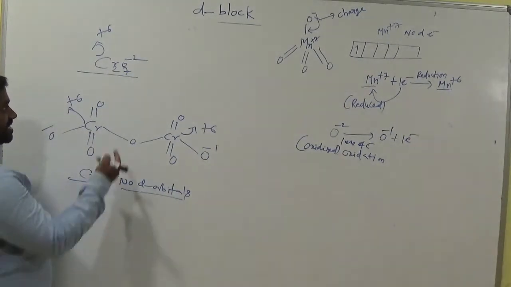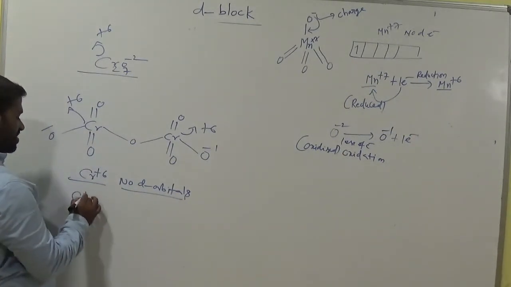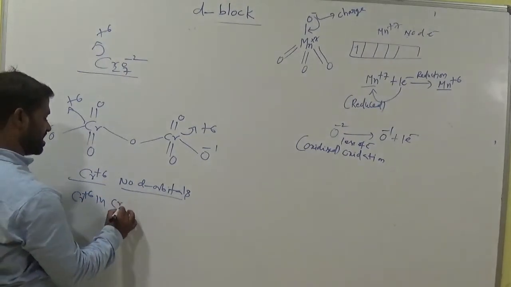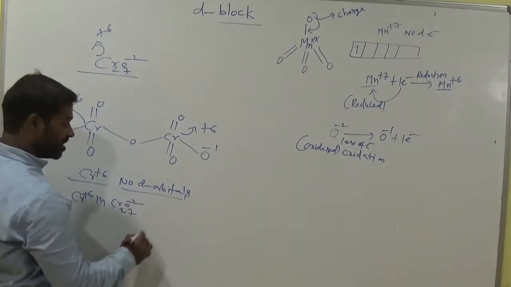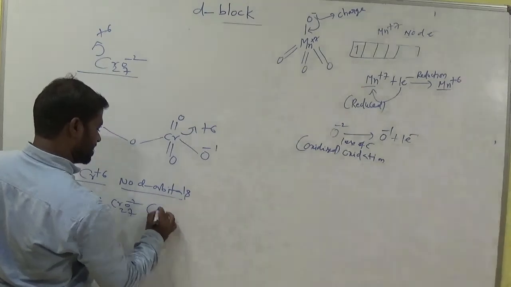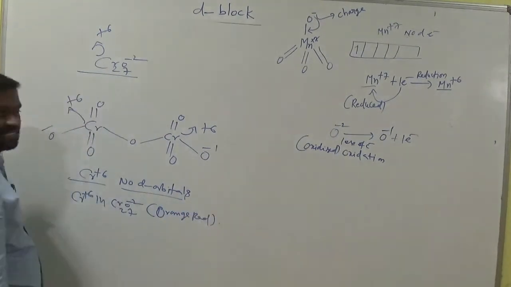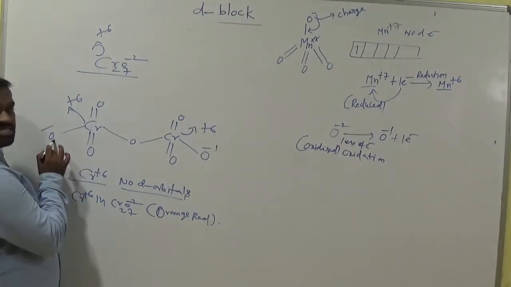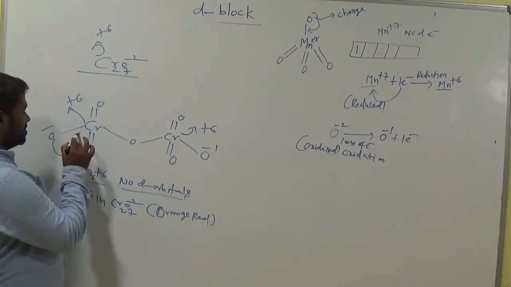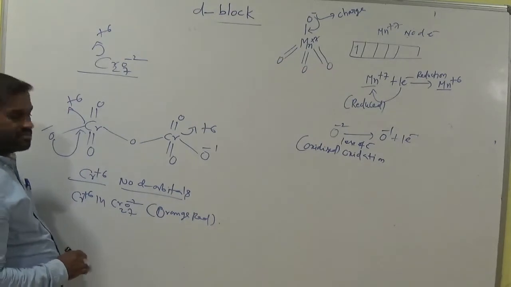But Cr plus 6 in the Cr2O7 minus 2 ion is orange red in color. What is the reason? These oxygens donate the electron to chromium. Charge transfer.